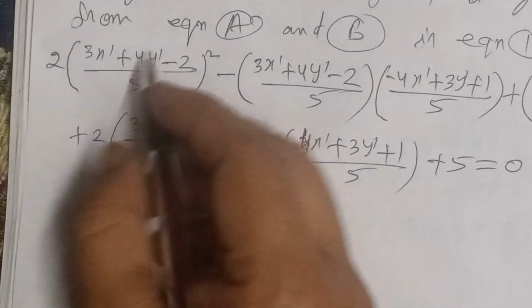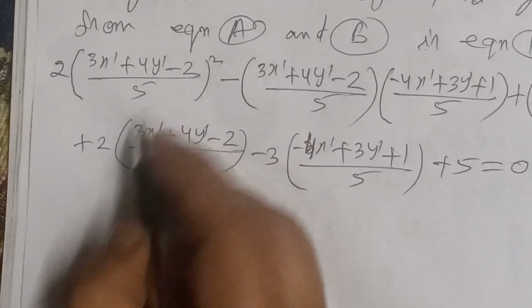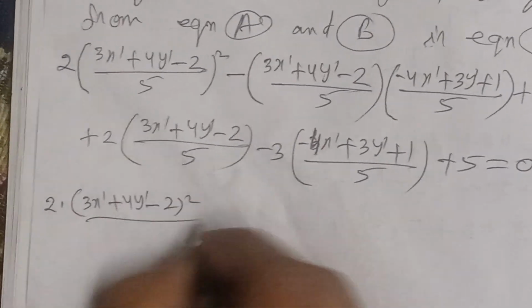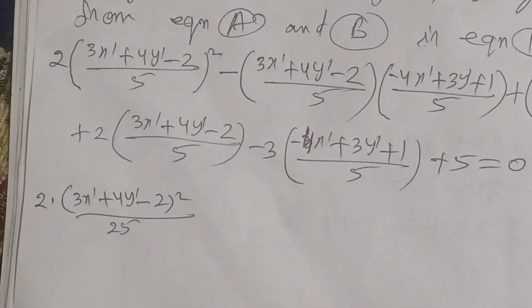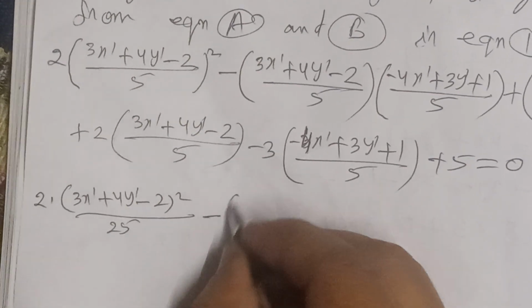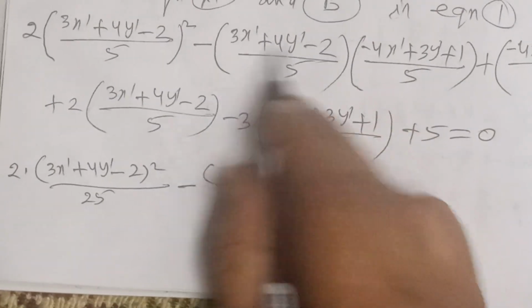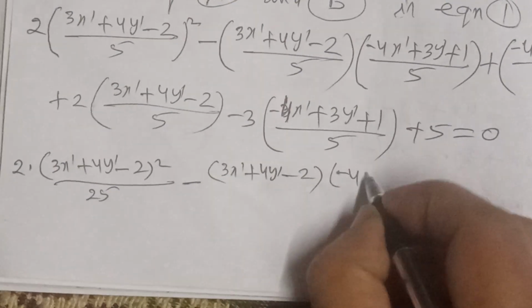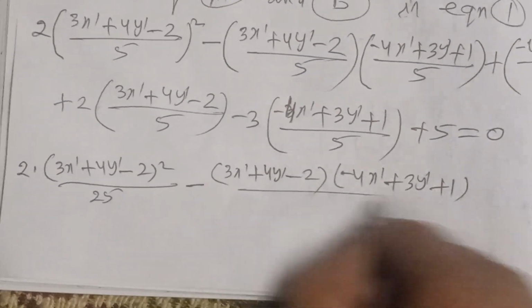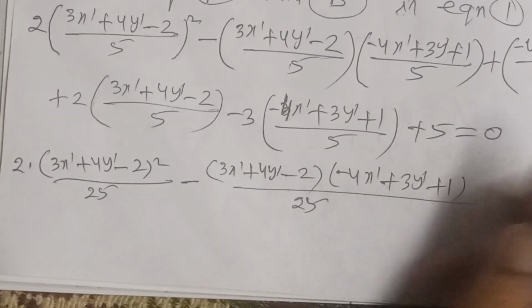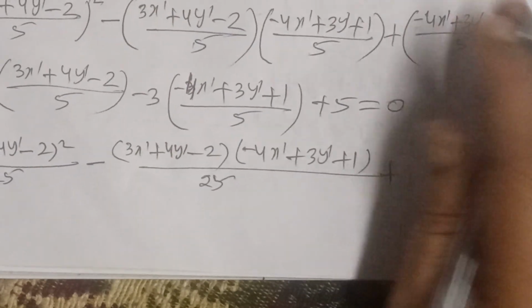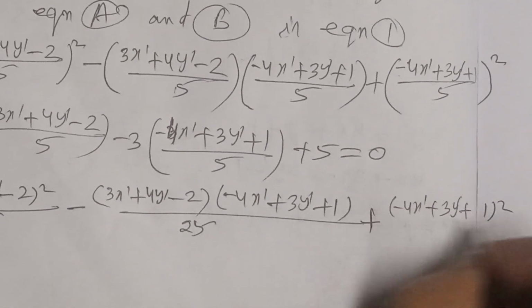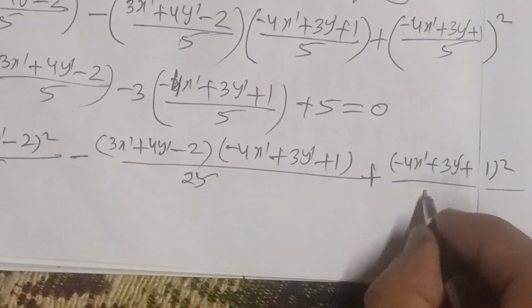For this, squaring numerator and denominator, we get 2 times (3x' plus 4y' minus 2) whole square upon 5 square, which is 25, minus the product of these brackets, (3x' plus 4y' minus 2) and (minus 4x' plus 3y' plus 1), whole upon 5 into 5, which becomes 25, plus (minus 4x' plus 3y' plus 1) whole square upon 5 square, which is 25.